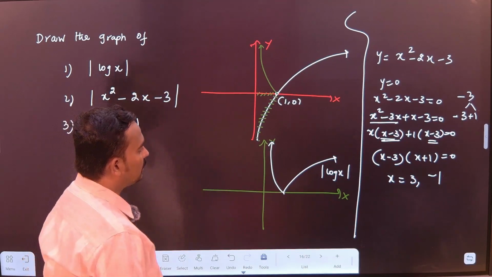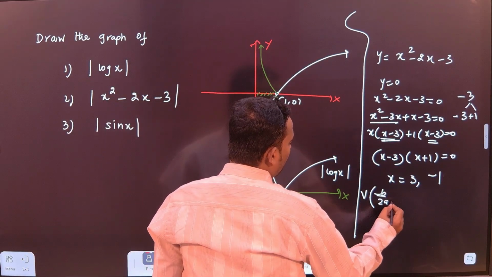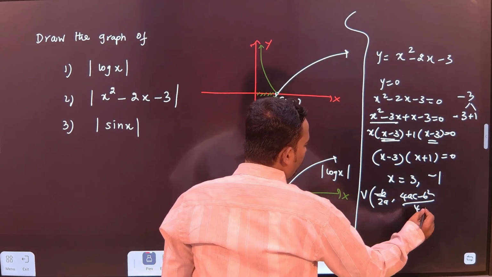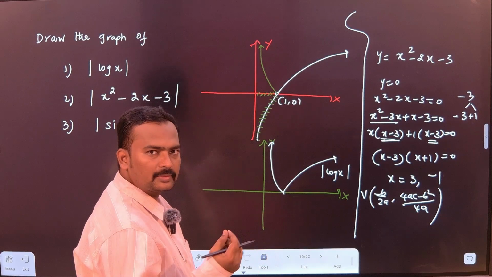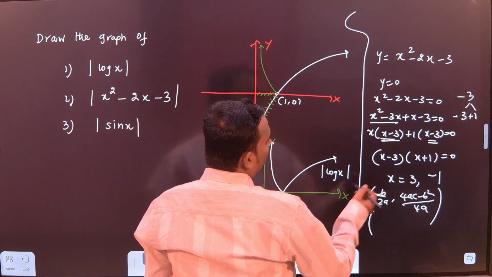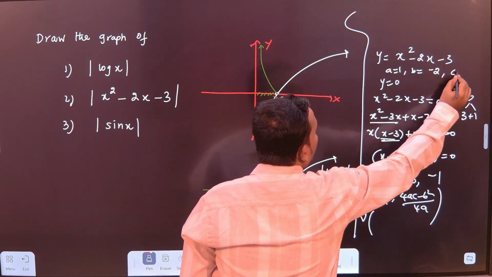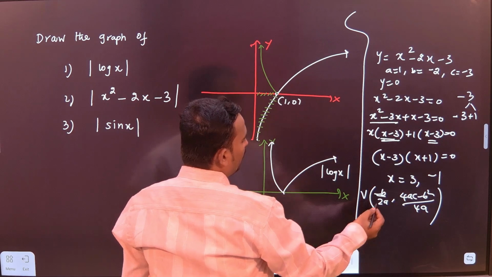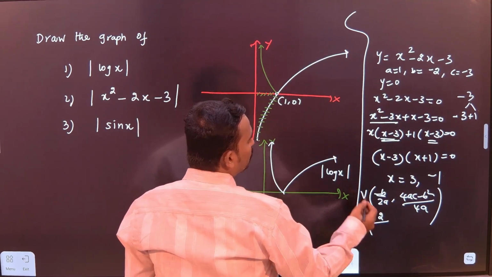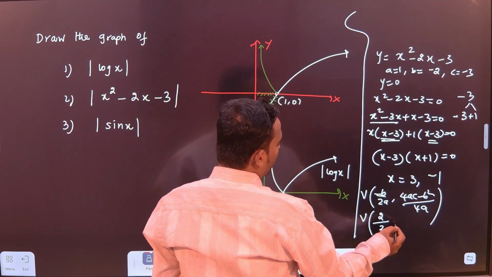The roots are 3 and minus 1. Then what about the vertex? Vertex you can calculate: minus b by 2a, and 4ac minus b square by 4a, right? You already know this, right? Okay, substitute. A is 1, b is minus 2, c is minus 3. So minus b by 2a is 2 by 2, it's 1.